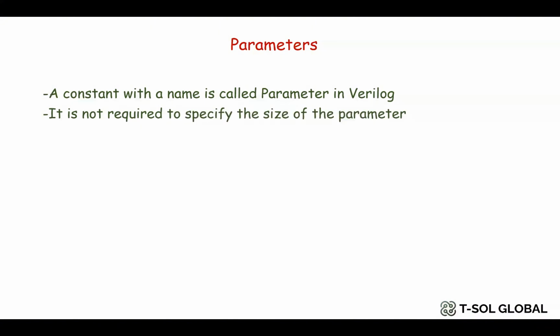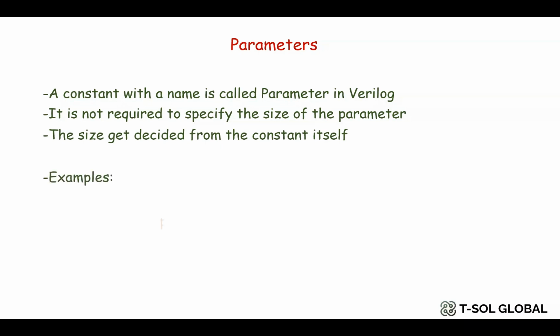So next we will discuss parameters. So the parameter is mainly a constant with a name. It is not required to specify the size of the parameter. The size gets decided from the constant itself.